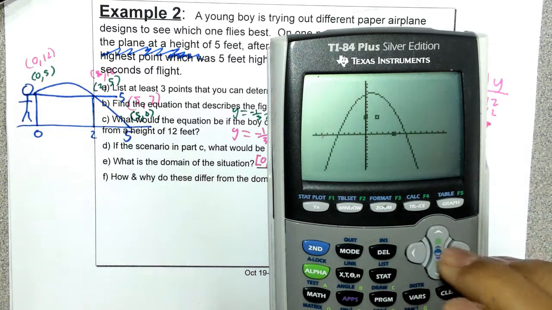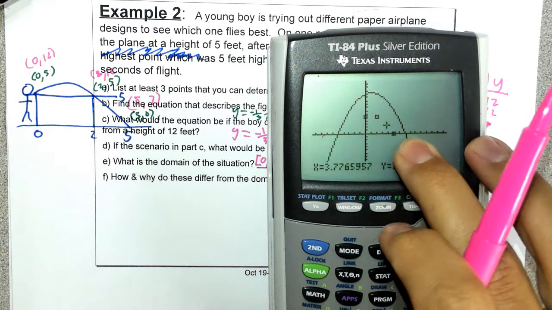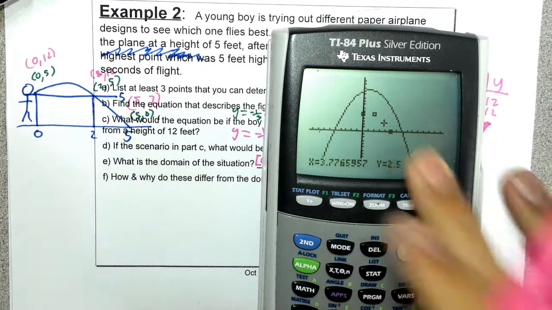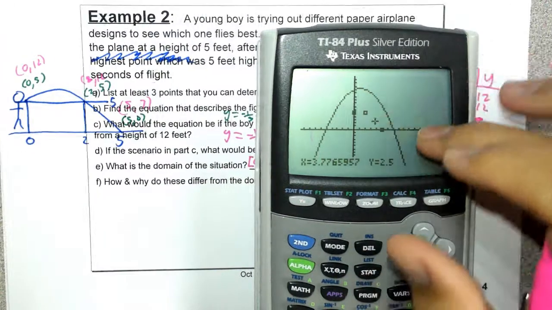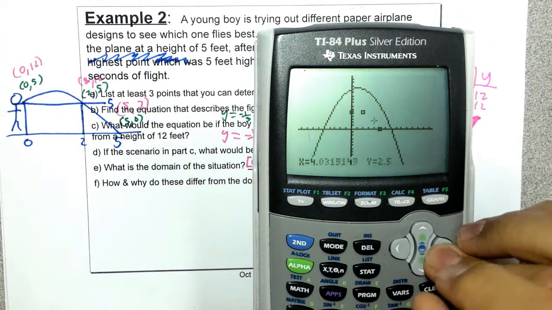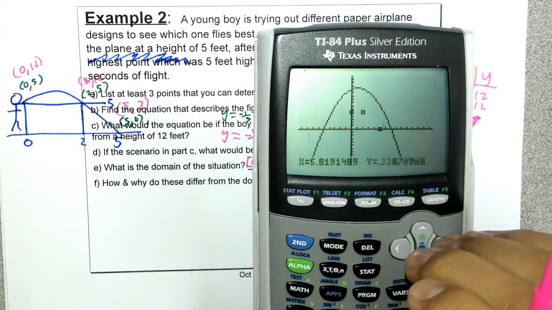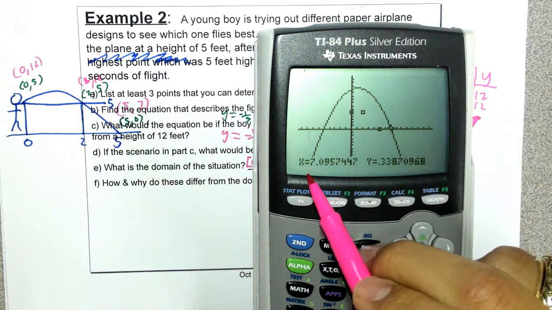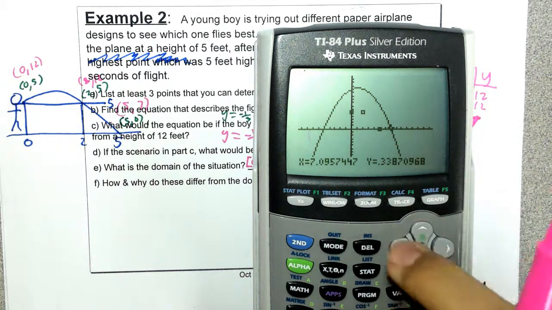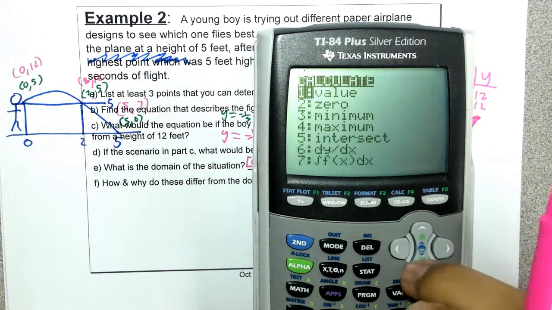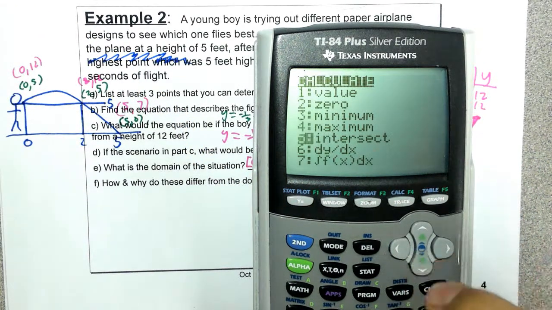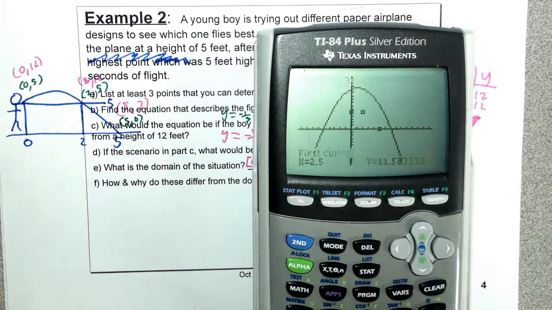If I go to my graph, I can actually calculate what that's going to be. Just as a reminder, we learned this in 8th grade and Algebra 1. To find this point over here, and it's going to be somewhere close to 7, I can do this calculate function up here. So I press blue calculate, and I'm going to go down to find where they intersect the ground.